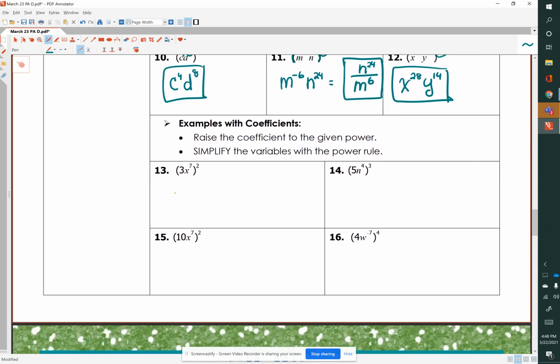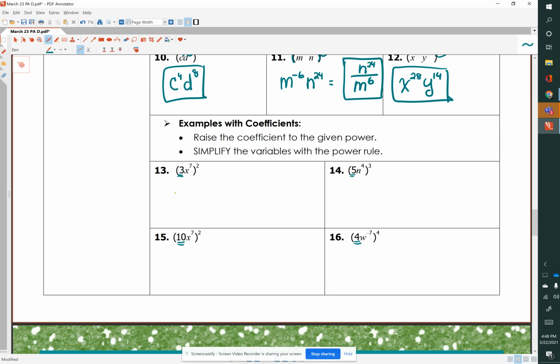So now we have examples with coefficients. Coefficient is the number that is in front of the variable. So 3 is a coefficient in number 13. 5 is a coefficient in number 14. 10 is a coefficient in number 15. And 4 is the coefficient in number 16.